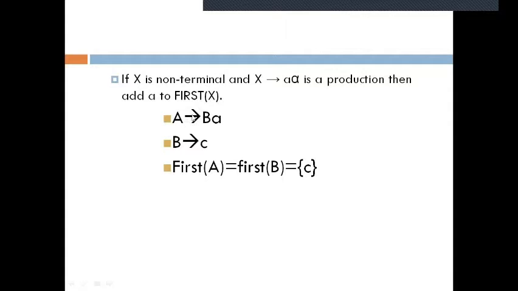So A first sees a particular non-terminal B. What is the first value of A now? The first value of A is nothing but the first value of B. What is the first value of B? First value of B is c. So obviously we can say the first value of A is equal to first value of B, which is equal to c. Now you can say the first value of A is small c.